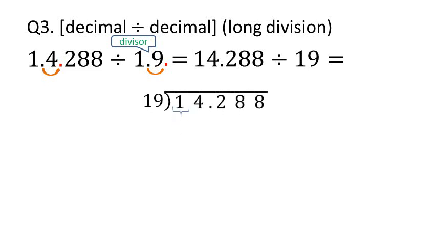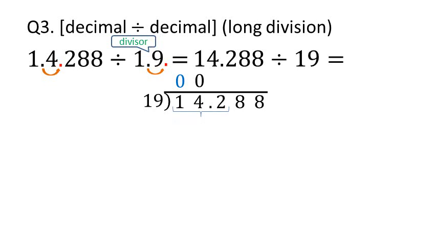Consider 1. How many 19s can fit into 1? We have 0 19s in 1. Now we consider 14. How many 19s can fit into 14? We have 0 19s in 14. Now we consider 142.